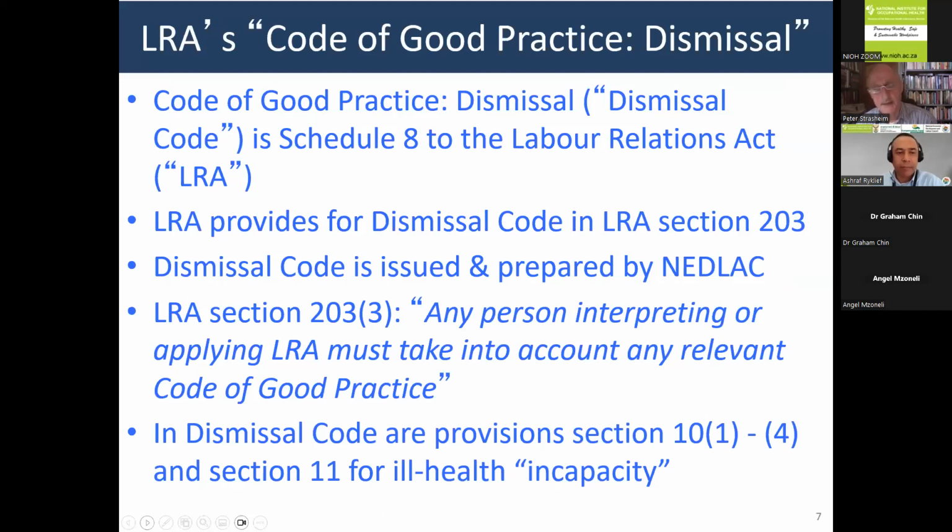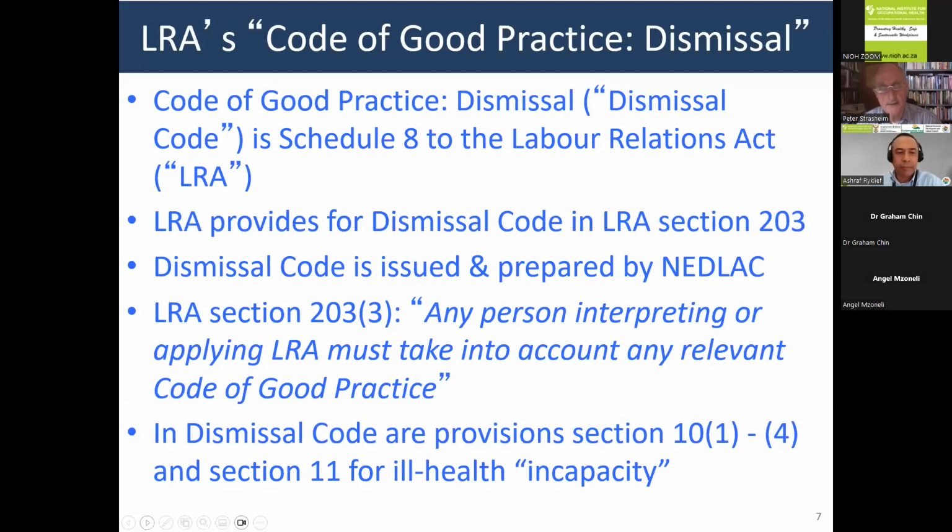NEDLAC produced that code in 1995 or thereabouts, and it's also, I would respectfully submit, NEDLAC's not obligation, but need to consider whether the current dismissal code, section 10.1 to 4 and section 10.2, do correctly now state the law 29 years later.